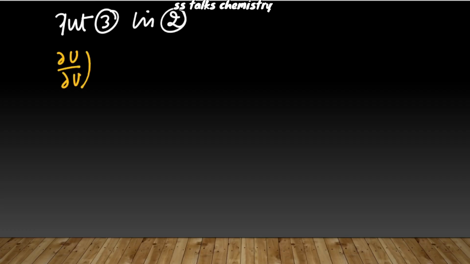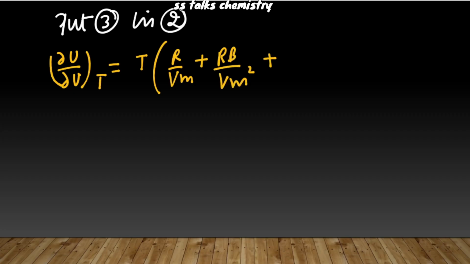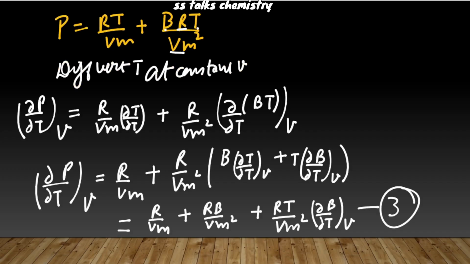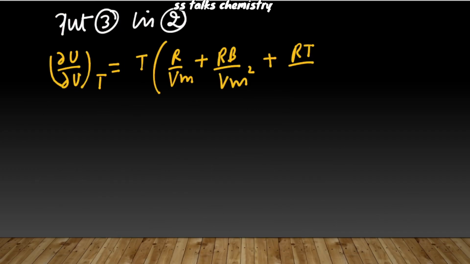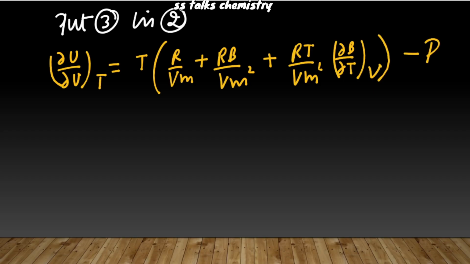So put 3 in 2. We get (∂U/∂V) at constant temperature equal to temperature into [R upon Vm plus RB upon Vm square plus RT upon Vm square into (∂B/∂T) at constant volume], and here it was minus the pressure.